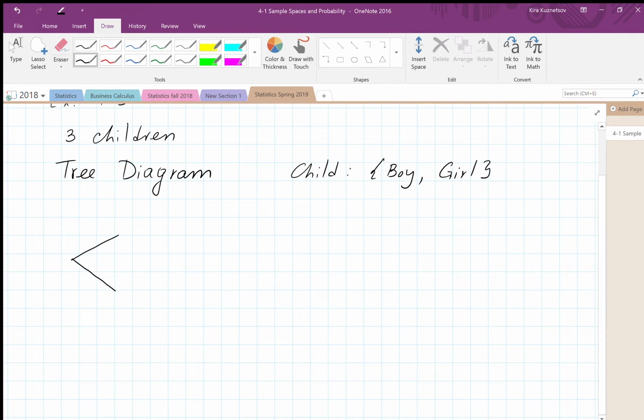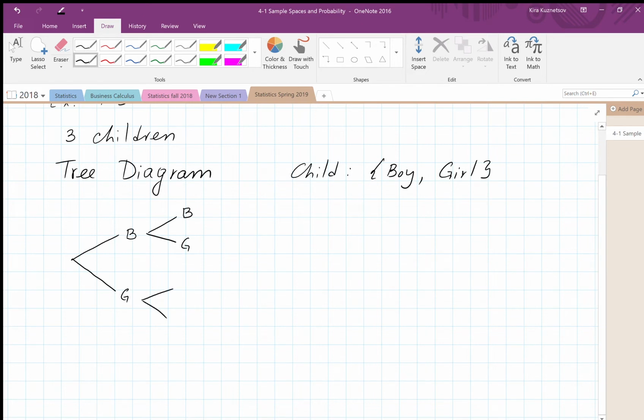A tree diagram starts like a tree. It has branches. So during birth number 1, I will either have a boy or a girl. Now, assuming that my first child is a boy, I will then have two more outcomes. My second child will either be a boy or a girl.